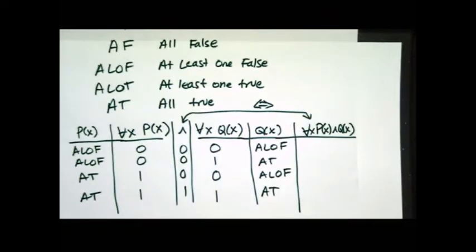Then I need to know how often P of X and Q of X is true. So what's the difference between for all X P of X and for all X Q of X, and for all X P of X and Q of X? So let's translate into some English sentences, and let's make P of X mean X drives a Porsche, and Q of X mean that X is a quitter. Okay? So if I say everyone drives a Porsche, if that's true, and everyone's a quitter, is it true that everyone is a person who drives a Porsche and is a quitter?